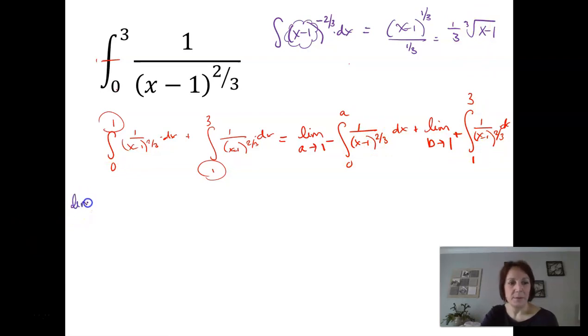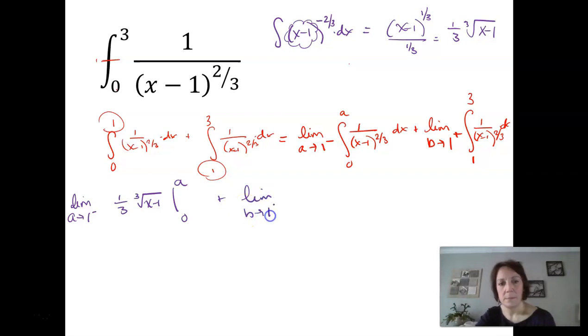So my first one, I'm just going to rewrite. I feel like this is so much writing. It's 1/3 cube root of x minus 1 evaluated from 0 to a. And then my second one is going to be that same thing, evaluated from, this should have been a b, oh, nobody told me, b to 3.